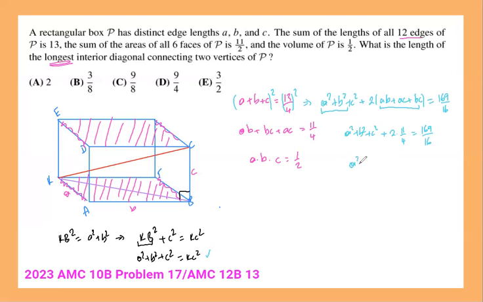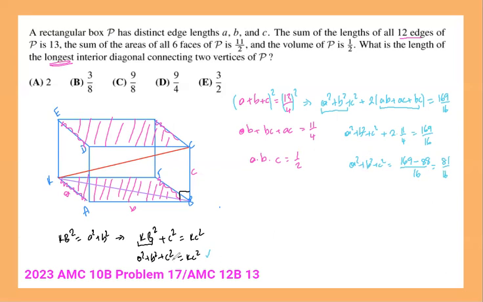And what we want is A squared plus B squared plus C squared, which is gonna be 169 minus, if you multiply this by 4 to get the common denominator, that is gonna be 88, so minus 88 over 16. And if you subtract 88 from 169, this will be 81 over 16.